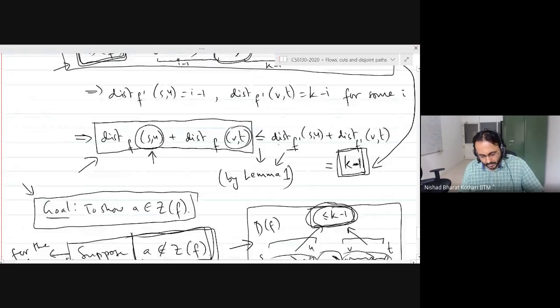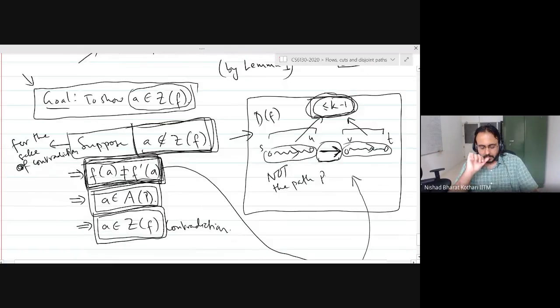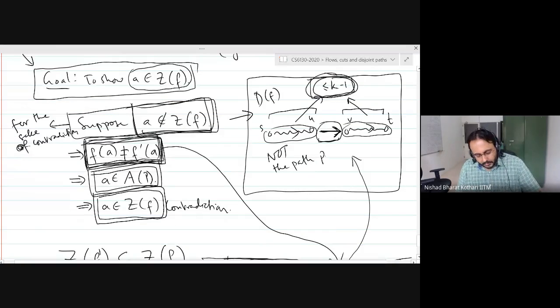So our goal right now is to show that A is in the Z set with respect to the flow F. And this is where the confusion started. All right. So let us suppose, for the sake of contradiction, that it is not in the Z set. And this is the part which I was not able to see.